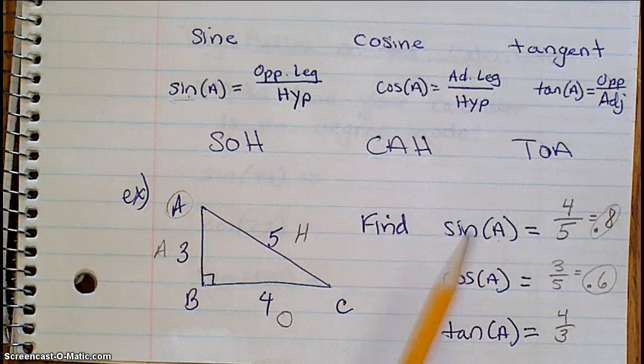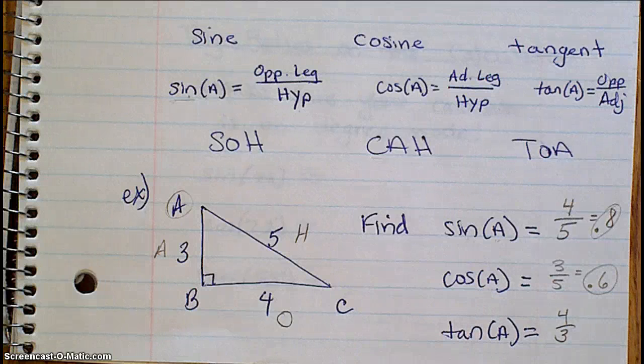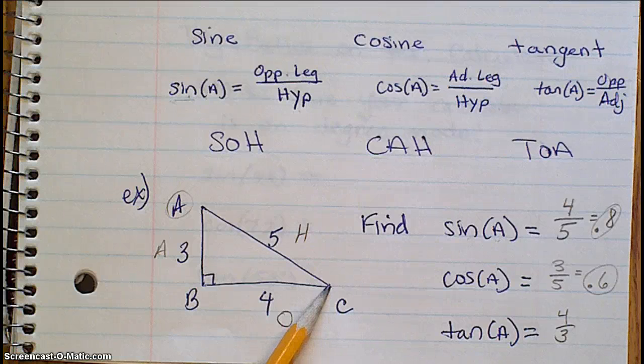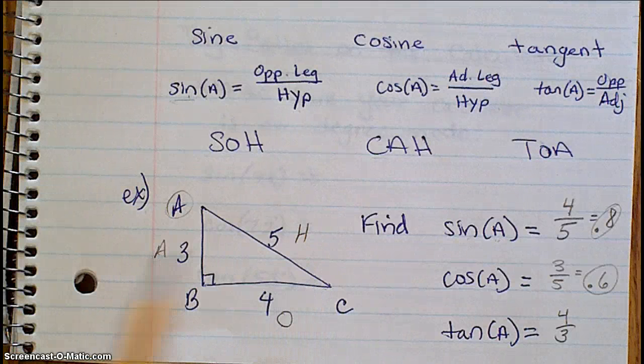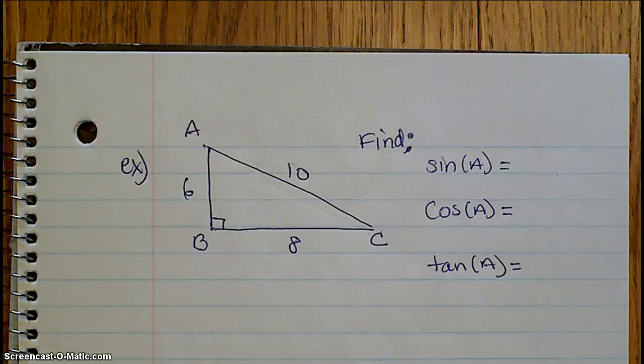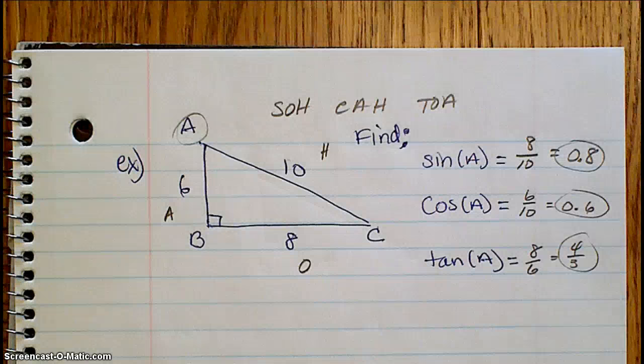Remember that all of these are relative to A. If I asked you to find sine of C, then you would have to relabel your sides. Here's another example, so go ahead and pause the video, copy this down in your notebook, and then resume the video to check and make sure that you have this concept down.